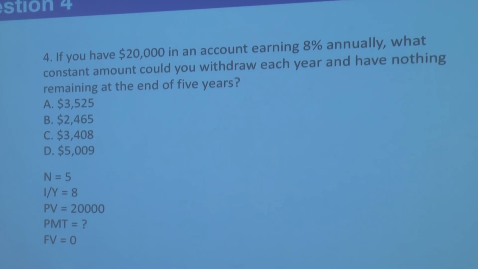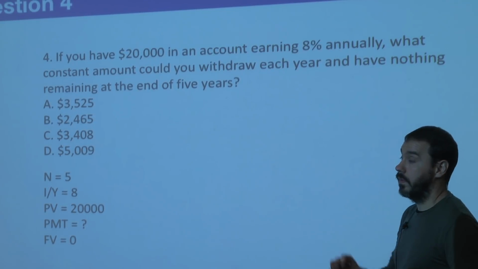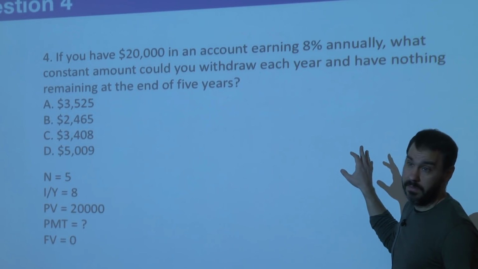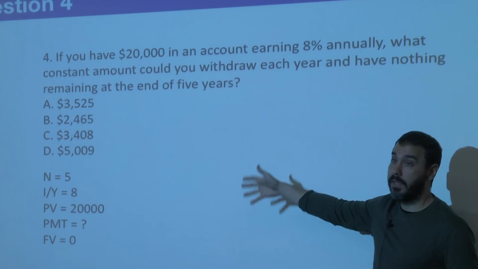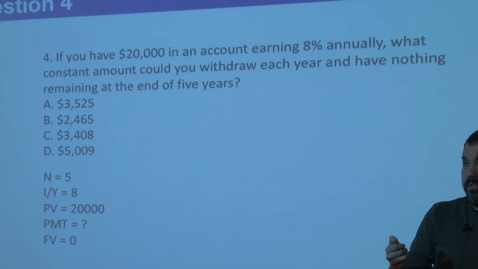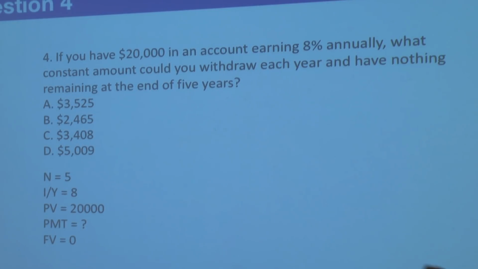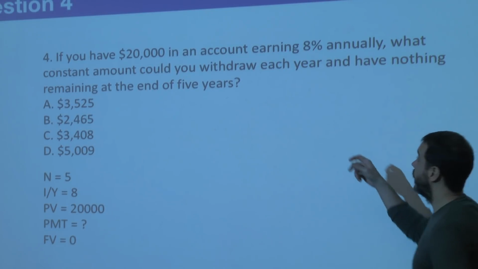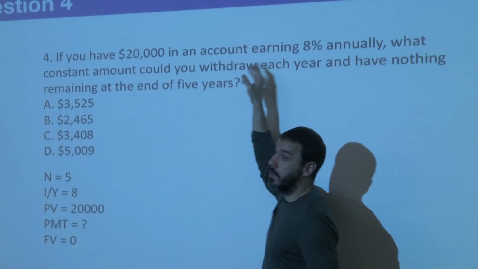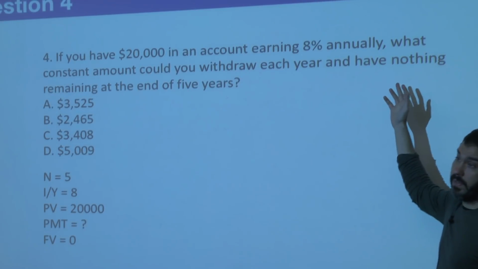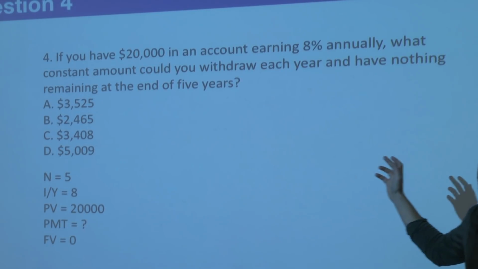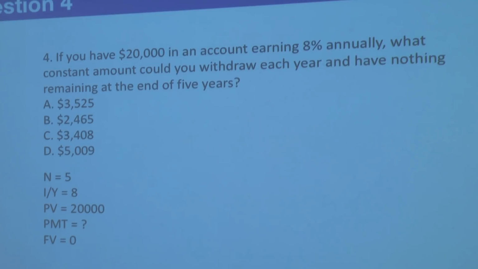So you see, when you correctly identify the variables, going from the words of the exercises into the variables of the calculator, it just takes 30 seconds to plug in everything. The real issue is understanding how the words translate into that, understanding which one is the future value, which one is the present value. The fact that future value is 0, for example, I know a lot of people struggle with.